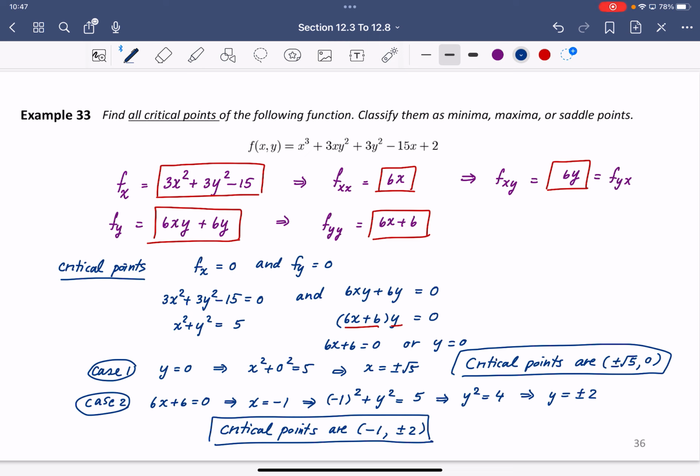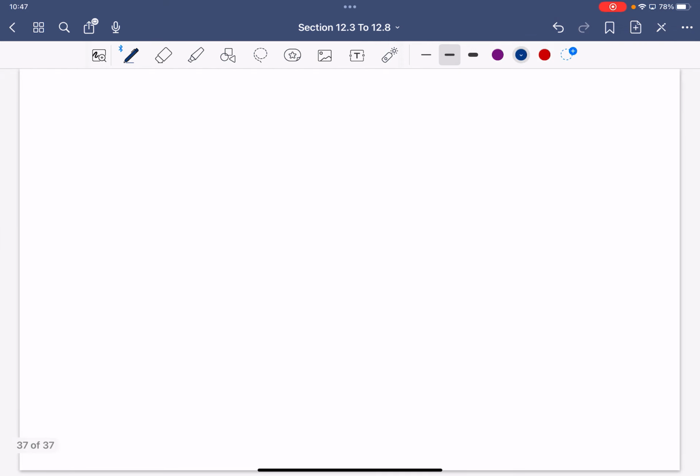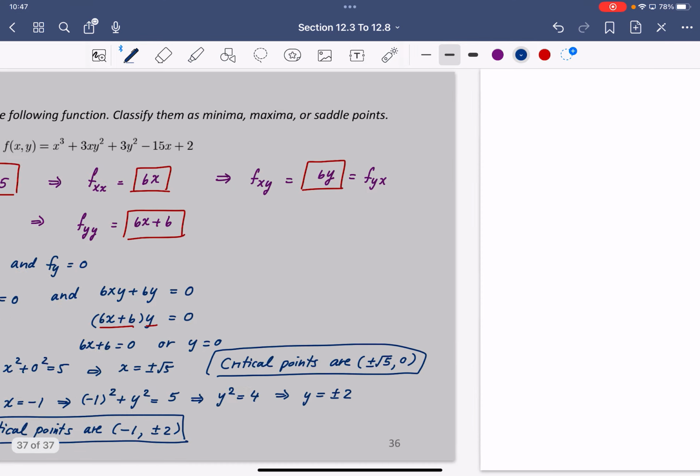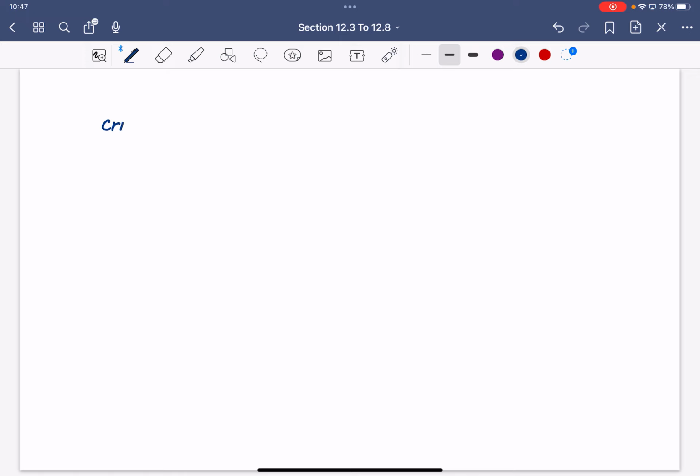All right, now we're going to take a look at how to classify the critical points. To save time, you're going to draw a table, so it's easier for you that way. You have the critical points.